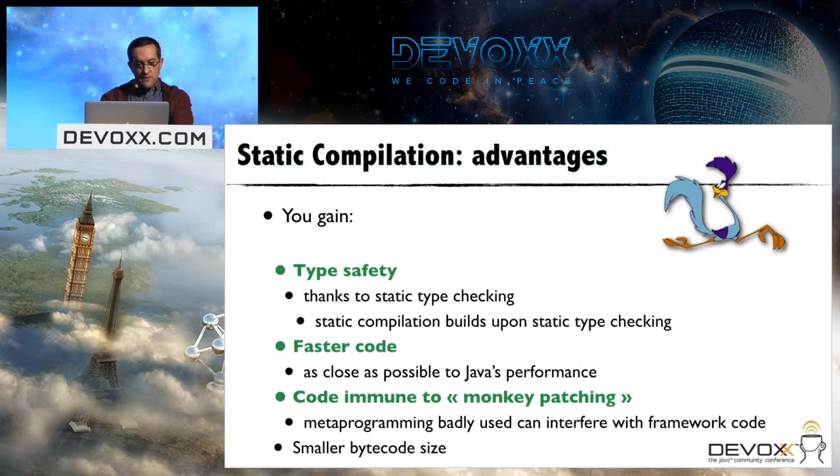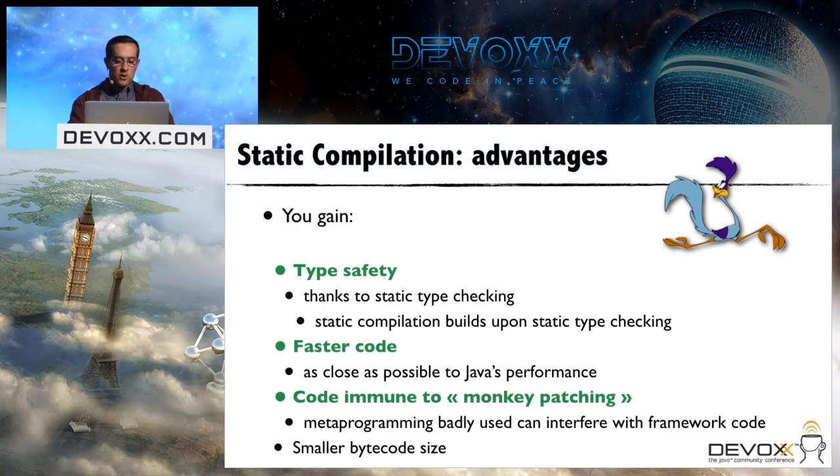So you gain type safety thanks to the static type checking aspect. You've got faster code close to Java. And also it's interesting for those who are creating libraries and frameworks with Groovy. Since you can do metaprogramming at runtime, you can change the behavior of existing methods on some particular types, and sometimes people could actually impact your framework code by changing the behavior of a certain method that you are using in your library.